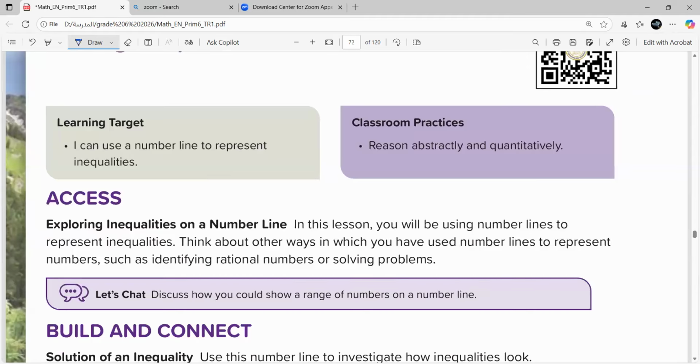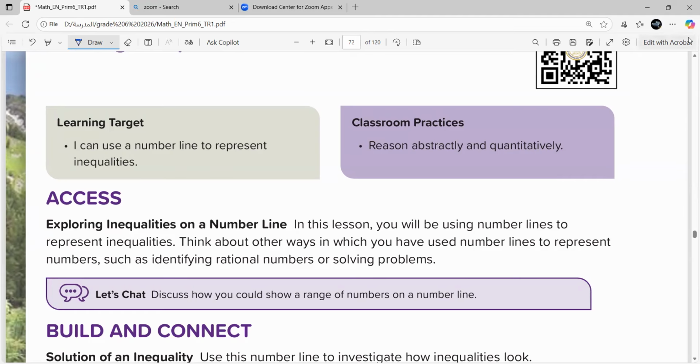Yes, we use the rule of inverse operation to solve the equation. But here we will represent only the inequality on the number line. It's easier and simpler than the equation. I can use a number line to represent inequality.